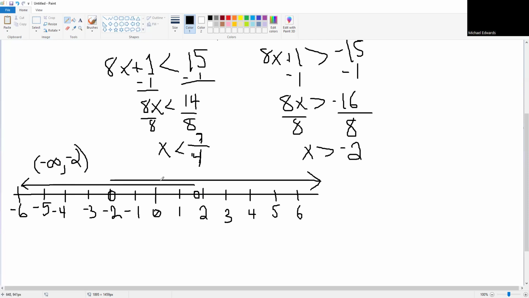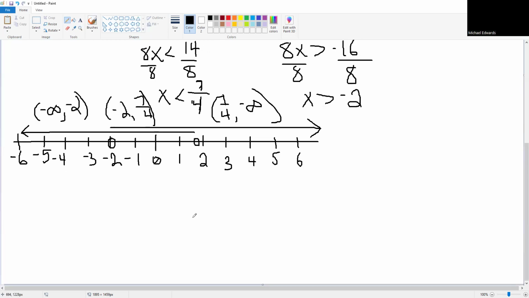We have this space in here, which is just -2 to 7/4. And then we have 7/4 going all the way to infinity. So that's our plots or intervals.